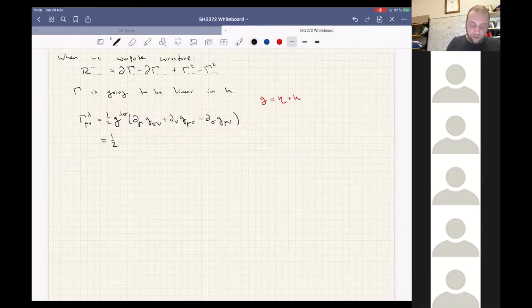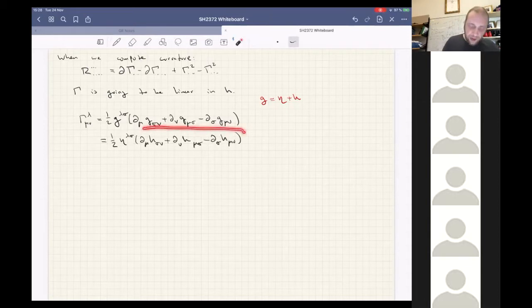So this is equal to 1/2 eta lambda sigma, and then d mu h sigma nu plus d nu h mu sigma minus d sigma h mu nu. So all of the h dependence is inside of those derivatives, plus again higher order terms in h. So these are the Christoffel symbols, therefore.